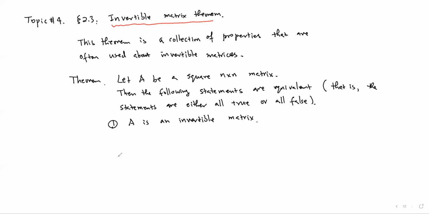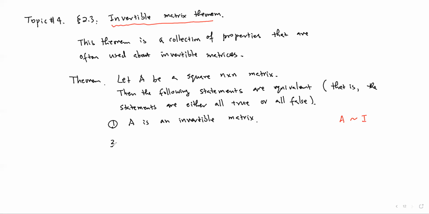By the theorem in topic 2 today, A is invertible if and only if A can be reduced to the identity matrix. Yes, this is from the theorem in topic 2 today.